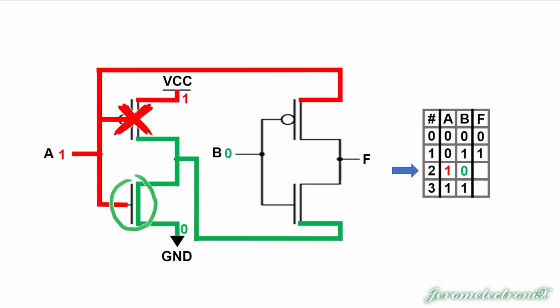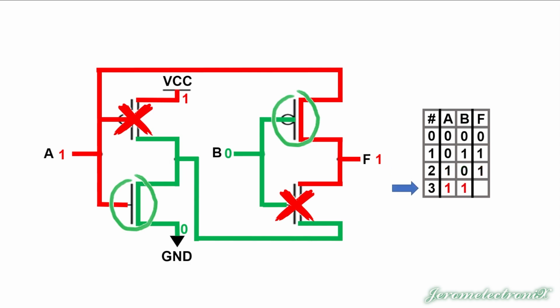B, on the other hand, is a 0. So what do we do with a 0? Well, a 0 allows the flow of a PMOS, but blocks the flow of an NMOS. That means that 1 is going to flow through. That means that the outcome F is 1, and it also means that on the truth table, the output is a 1.